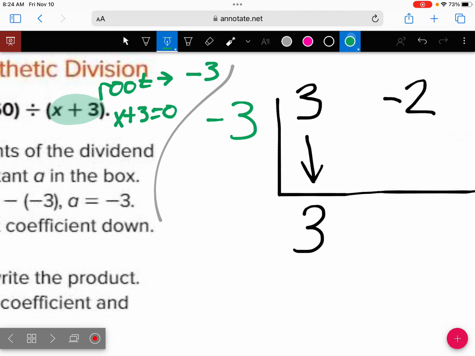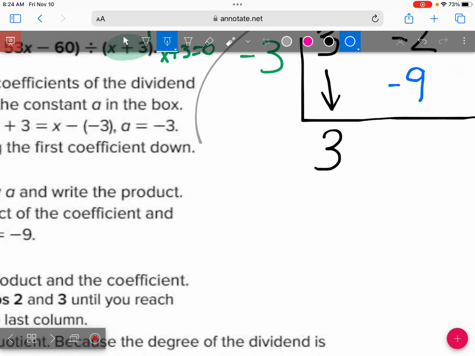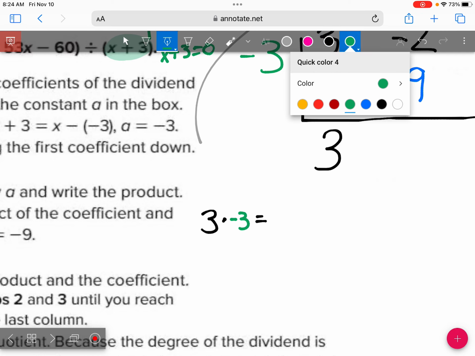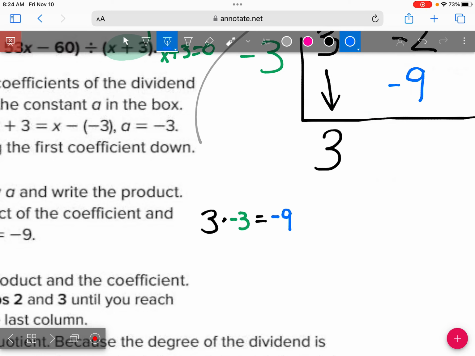Then we take this 3 times this -3, and it goes right here. 3 times -3 gives us -9, and I'm going to write that over here. My black 3 times my green -3 equals my blue -9. That's where I got that from.